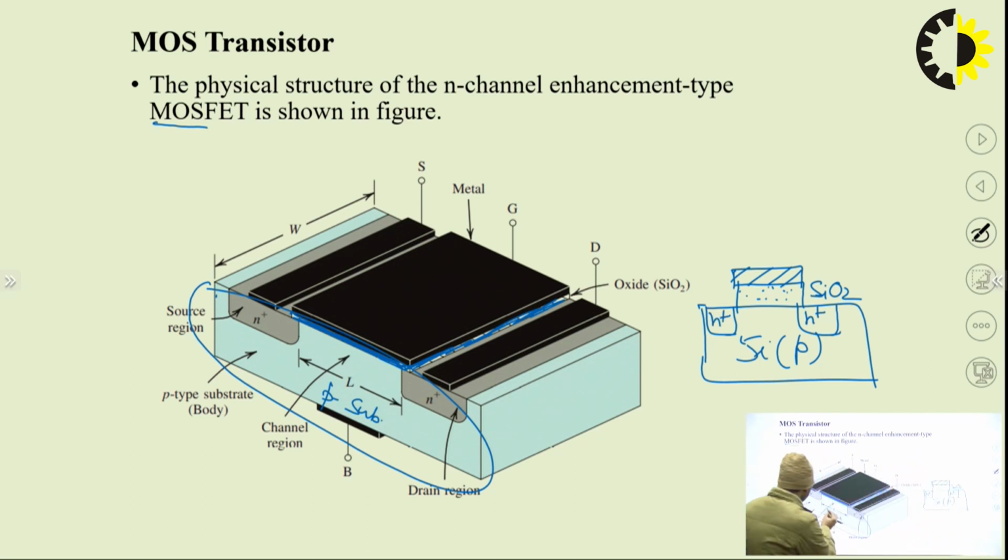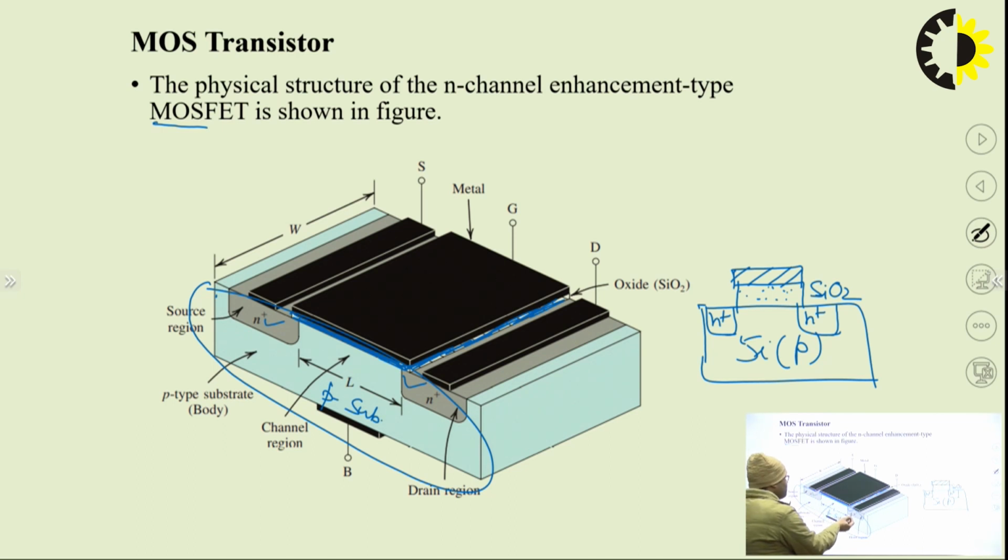Both these regions are identical to each other. Doping is equal, structure is equal, and the MOSFET is symmetrical with respect to drain and source. Any terminal can be treated as a source or a drain, depending upon the potential.